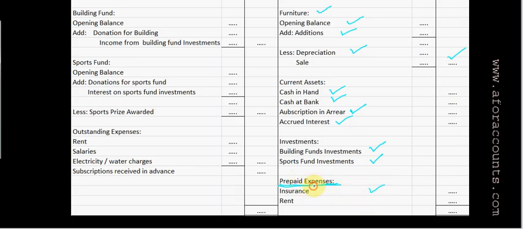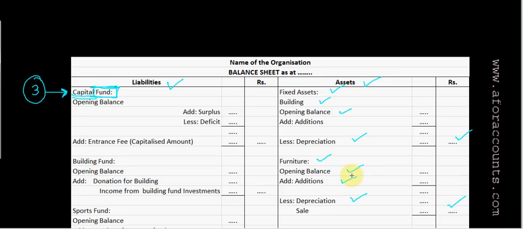Insurance that is paid in advance is your asset, and rent which is paid in advance or prepaid is your asset again.